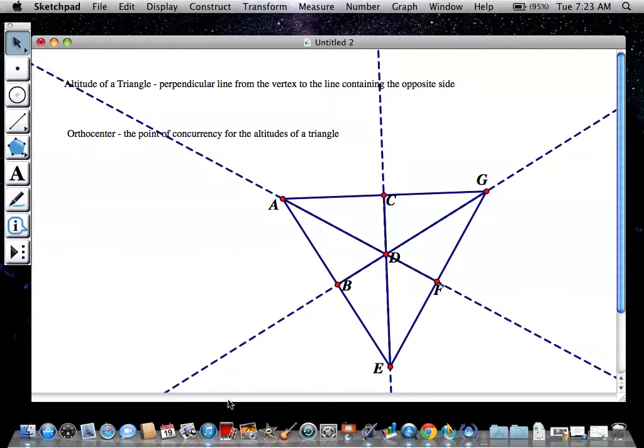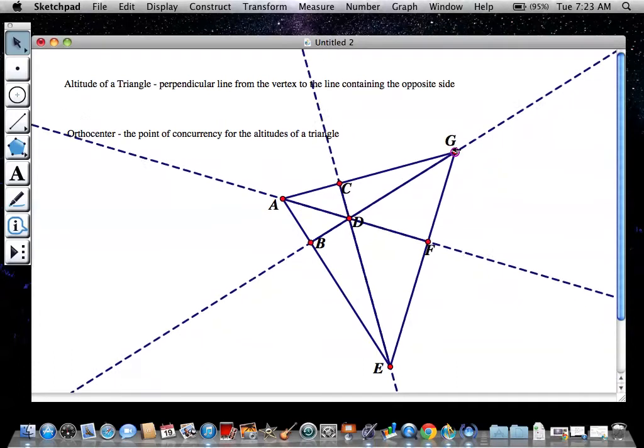All right. Now, the altitude of a triangle. The altitude of a triangle is basically its height. It's a perpendicular line from a vertex to the line containing the opposite side. So if you look here, it's almost like an equilateral triangle, so I'm going to make it a little different.